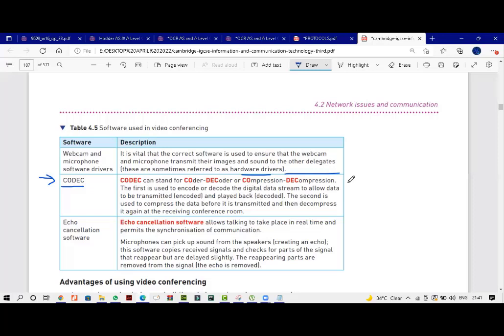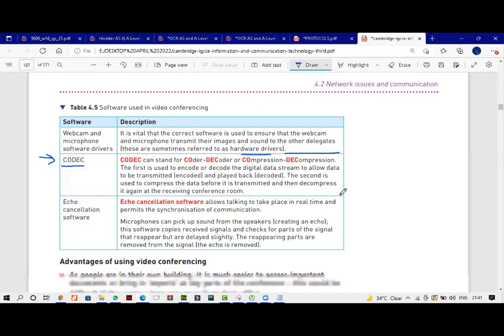It will compress the data in real time so efficiently that we will not feel there is a big problem. But if the internet bandwidth gets very low, then this is an issue. So a codec means a built-in feature within the software that allows compression and decompression so that your communication in video conferencing goes on.